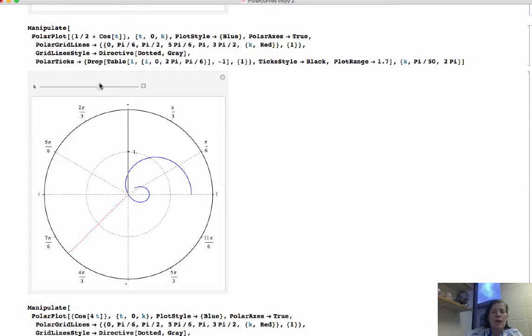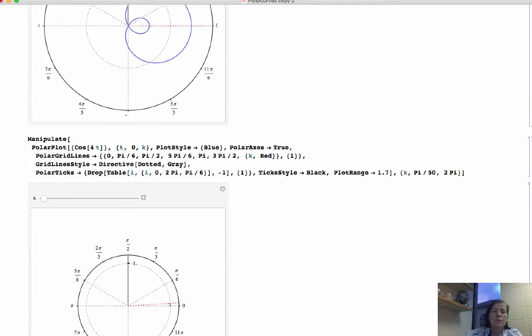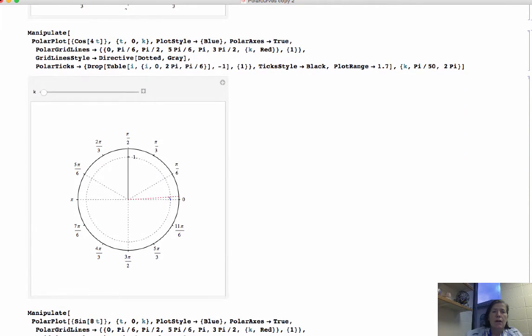And the same thing is happening from pi to 4 pi over 3, and we get back to our heart-shaped design from 4 pi over 3 to 2 pi. So this is a heart with a loop in it, and these are variations of the cardioid graph.